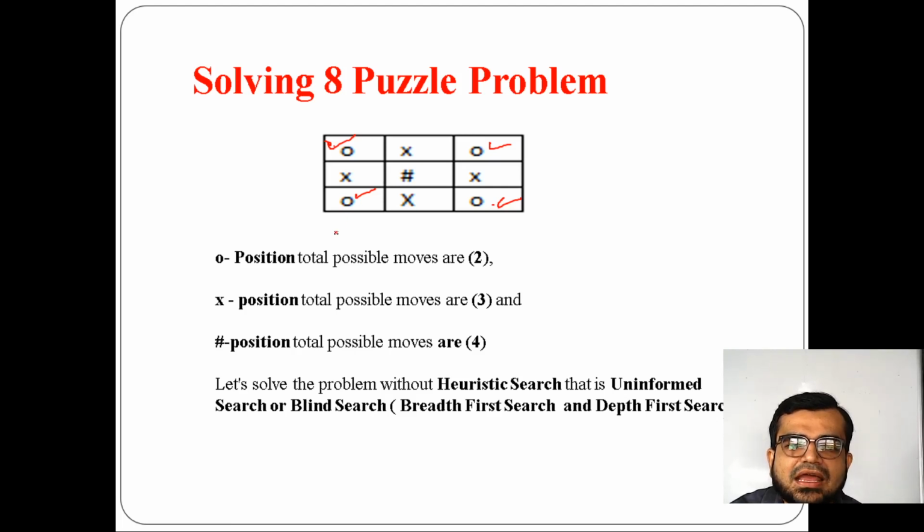The 0 position can move in only 2 directions. Why? Because in this case, you can move either down or right. You cannot move up or left. Similarly, in this case, you can move either left or down, if you take this 0.